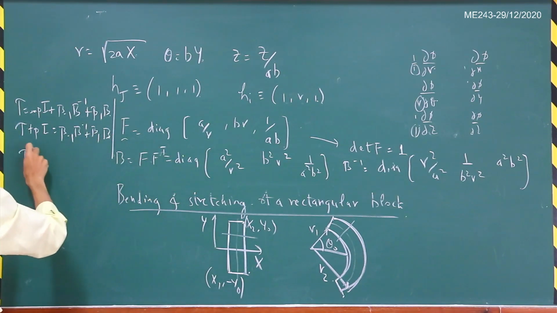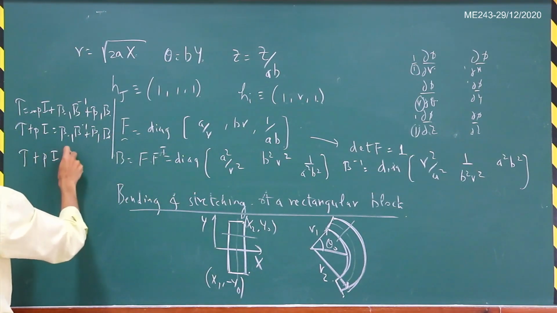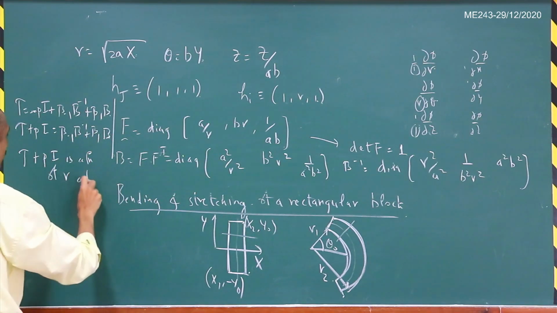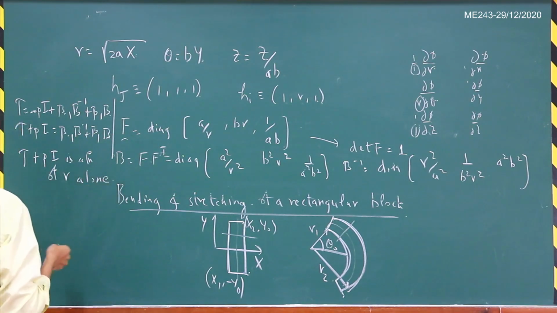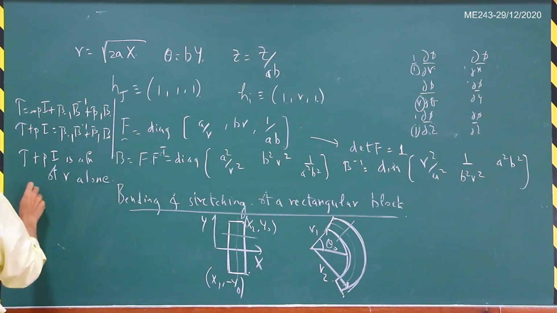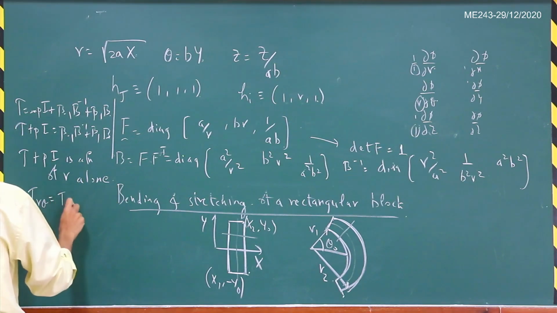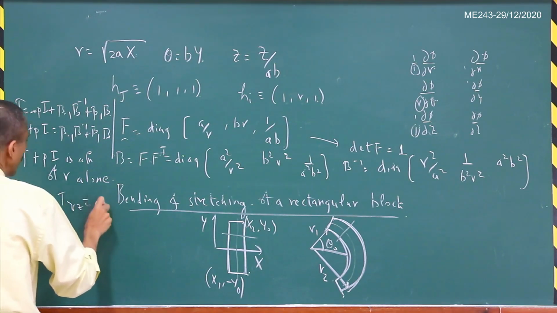And then we know that in addition we also have that tau R theta is equal to tau R z is equal to 0. Correct?